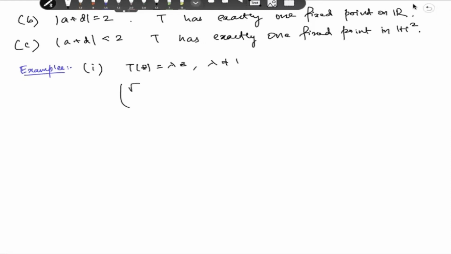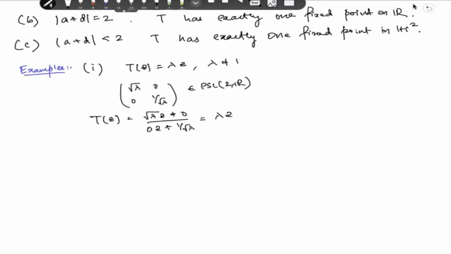If I think about this matrix, root lambda, 0, 0, 1 by root lambda, this belongs to PSL2(R). And if I take this map, (root lambda z plus 0) by (0 z plus 1 by root lambda), this will be exactly equal to lambda z. So Tz is equal to lambda z, the action of this matrix on the upper half plane.